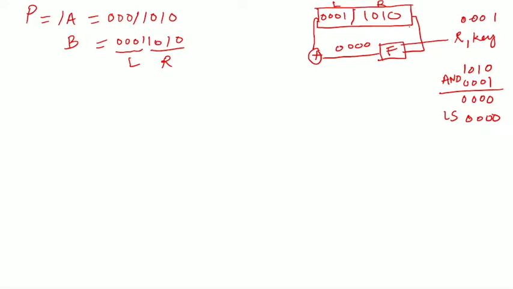XORing 0, 0, 0, 1 with 0, 0, 0, 0 gives you 0, 0, 0, 1. So this output is 0, 0, 0, 1. This is round 1. What we did after that is swapping. So this one is going to come here, and we will have 0, 0, 0, 1 here.